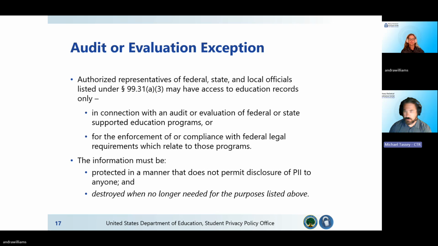It's not recorded then passed on. All of that information is prohibited from being redisclosed. And so when you reach the end of that audit or evaluation, the data needs to be destroyed. And that brings, obviously, an important focus for today's talk. And we're going to talk about how that data can be properly destroyed here in a few minutes.